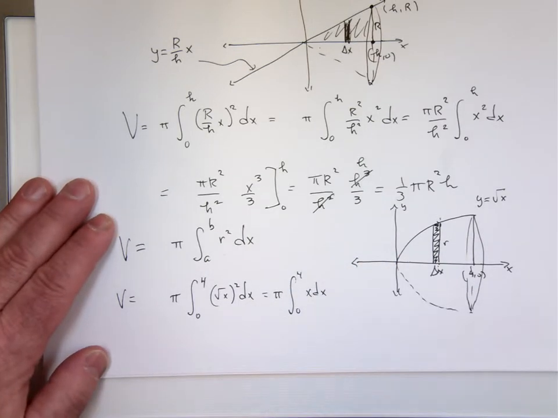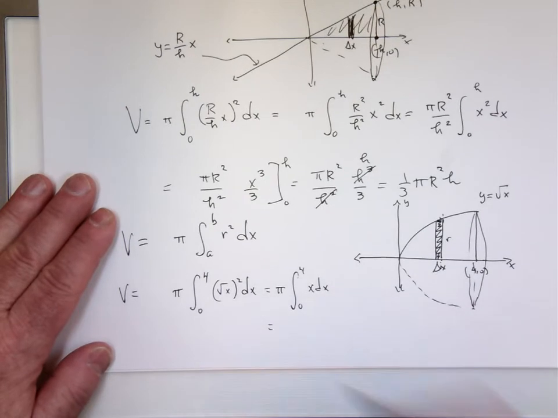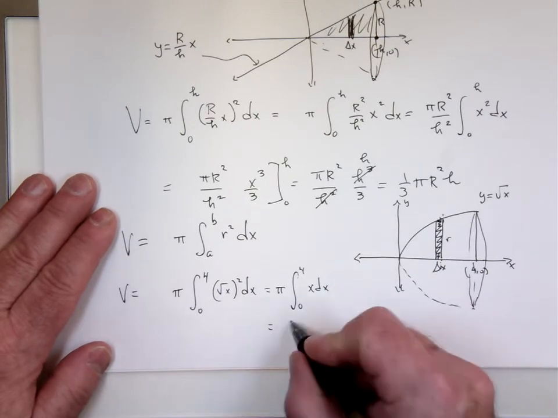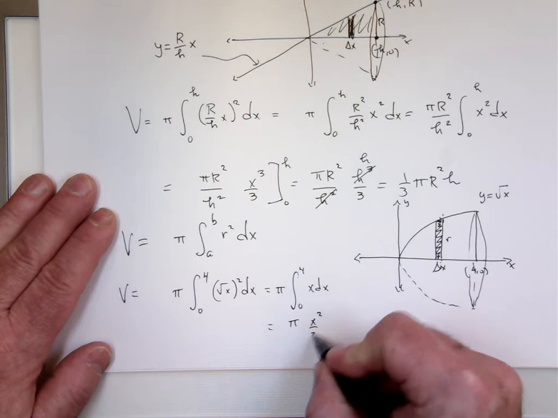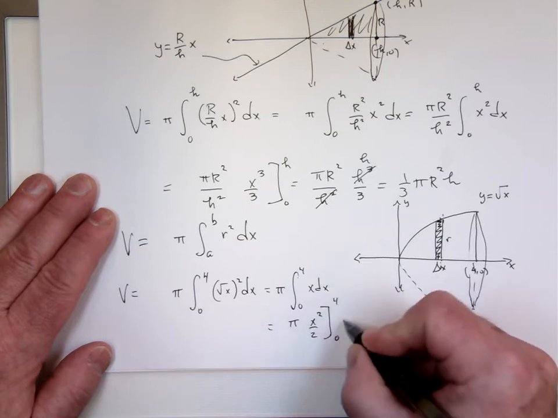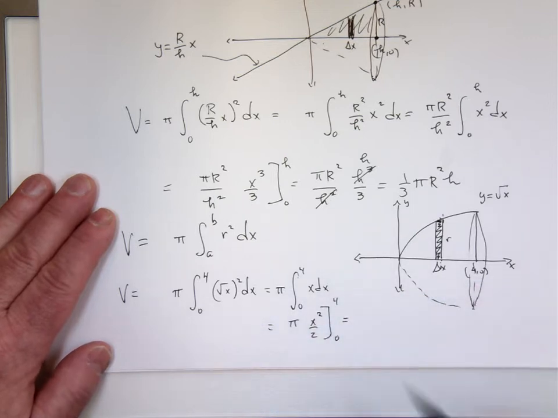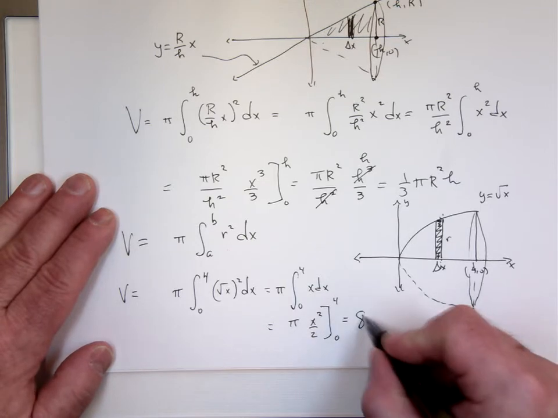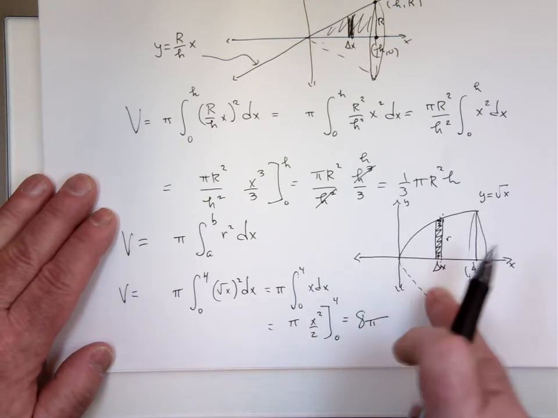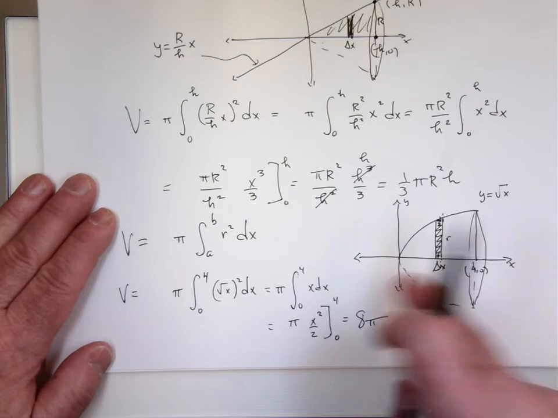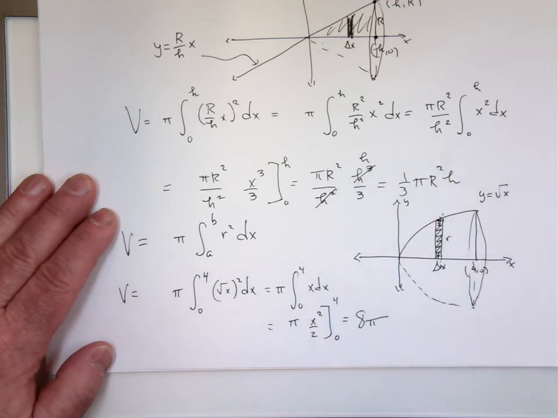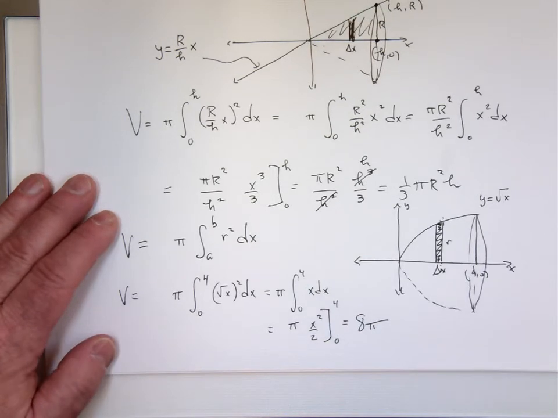That's equal to pi, x squared over 2, from 0 to 4. 4 squared is 16. The 0 was 0, so you get 16 over 2, you get 8 pi. The volume of this bullet, generated by taking the square root of x, revolving around the x-axis, is exactly 8 pi cubic units. That's its exact volume.